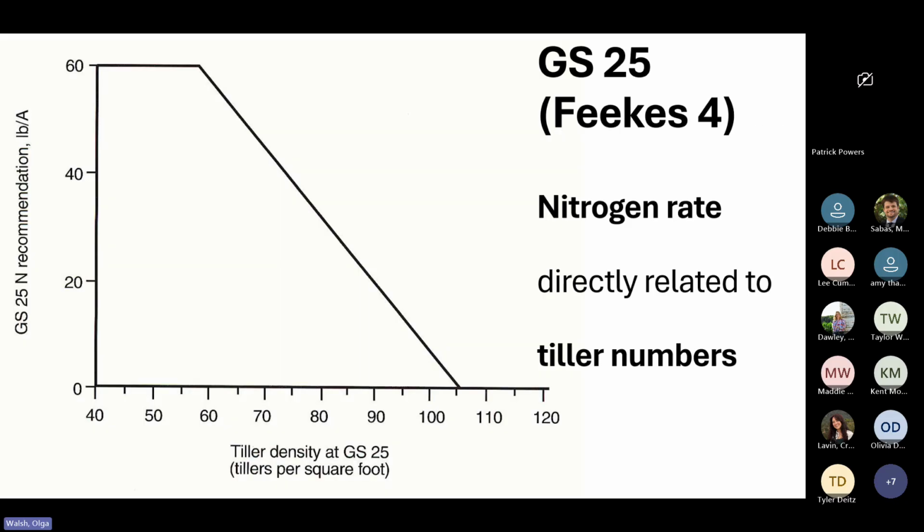However, it's not really always true. A lot of times, we see in trials and from grower reports that all nitrogen was applied pre-plant and the yields were not different from split application.